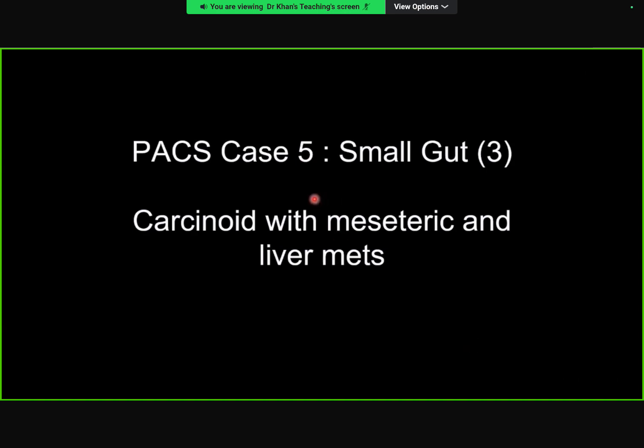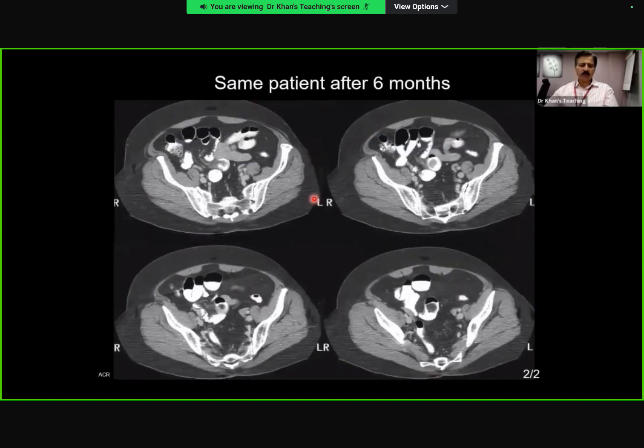Candidate 12, can you see this PACS case 5? Yes, I can, yeah. My God, sorry for that.